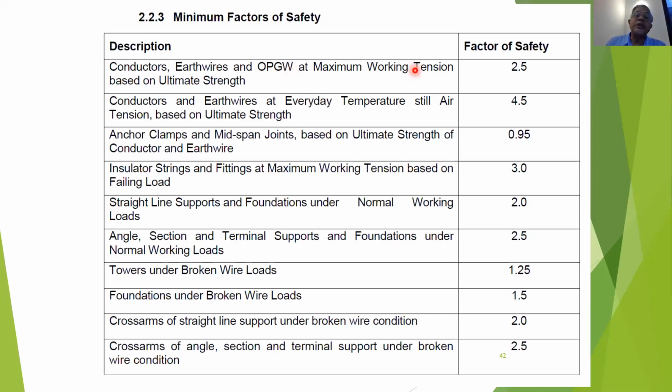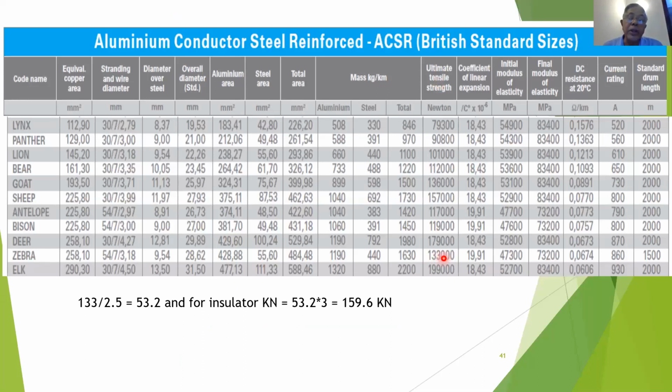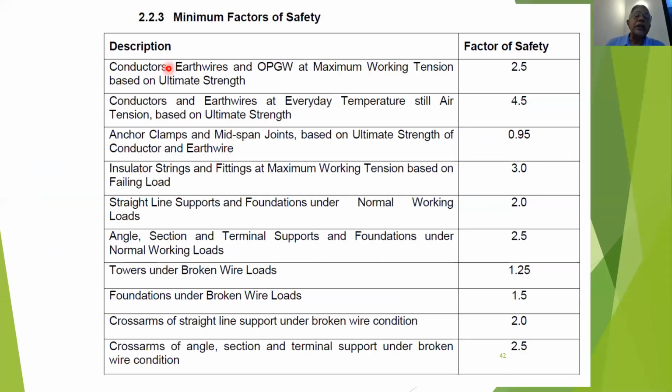So maximum working tension based on ultimate strength. The ultimate strength you have seen in this one. Ultimate strength of a conductor is always given in tables. So for conductors and earthwires, tension based on ultimate strength.